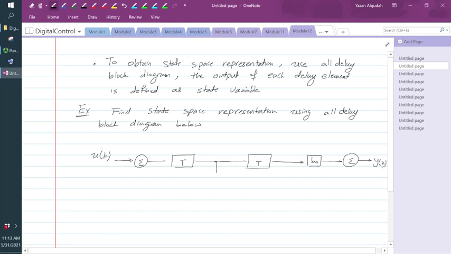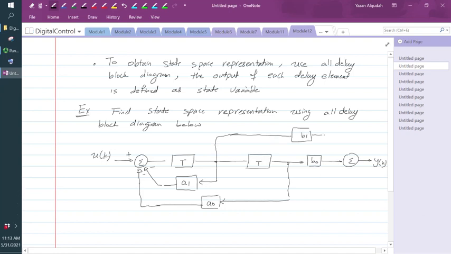We have a feedback a1 here, and another a0, and this is negative, negative, this is positive, and then the output comes from here, and we have a b1 here, and this comes like this and is added to b0. So we have positive, positive here.